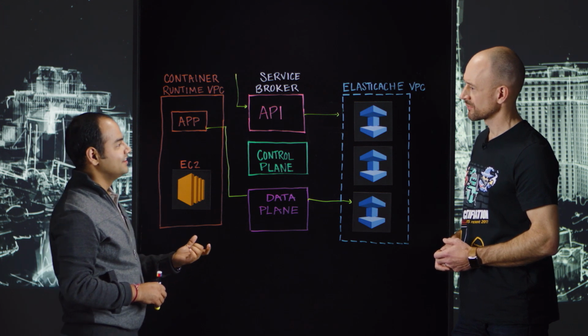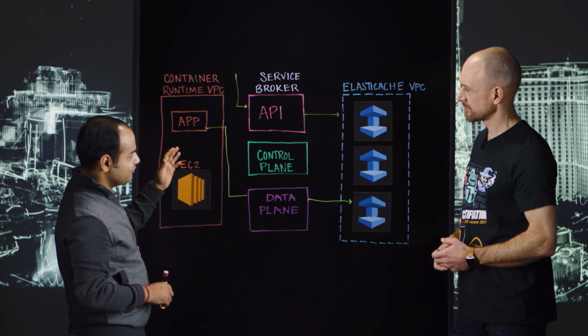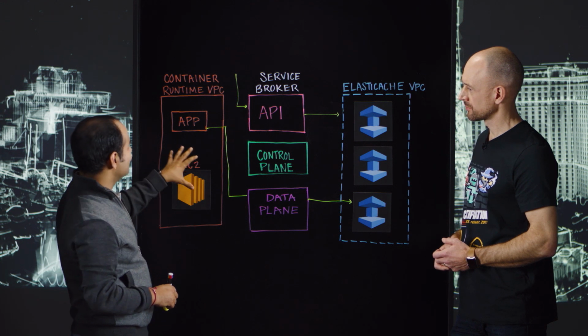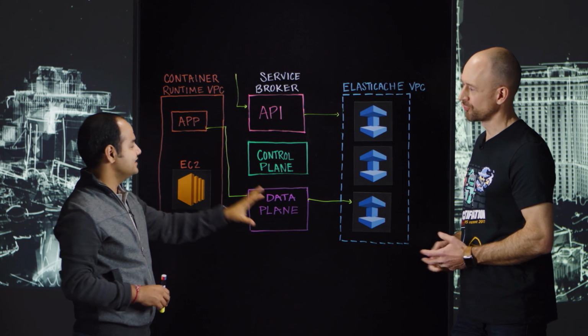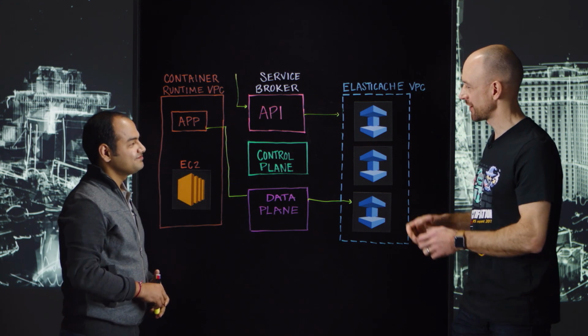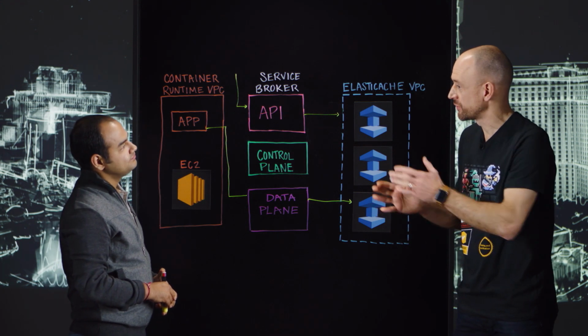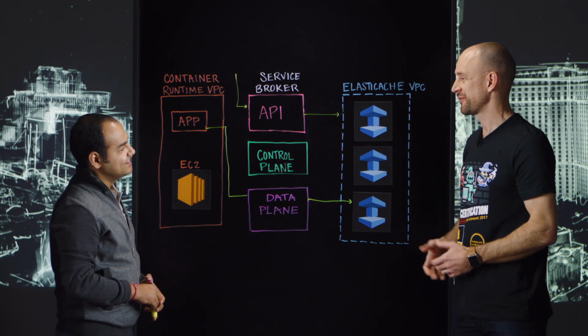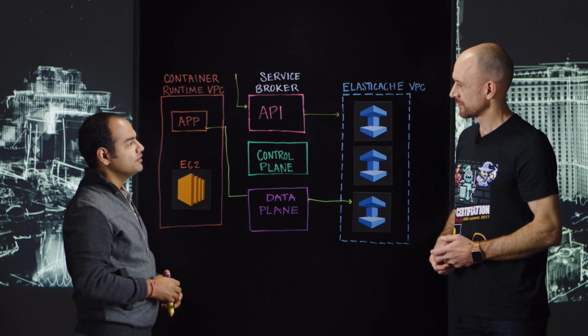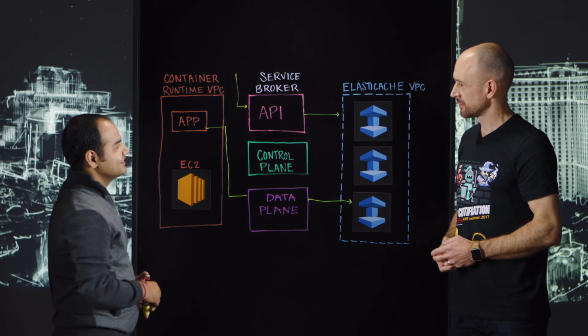That enabled us to allow restricted access of app A to app A's Elasticache and app B to its own. Okay, so that gives you your multi-tenant security boundaries, so that tenant A can't see tenant B's data. Exactly. The software level auth token really enabled us to implement this solution.